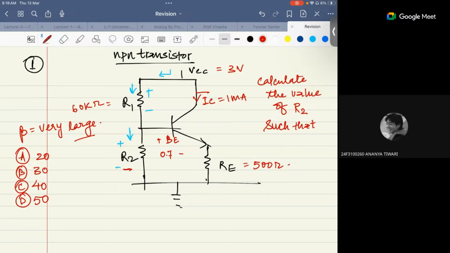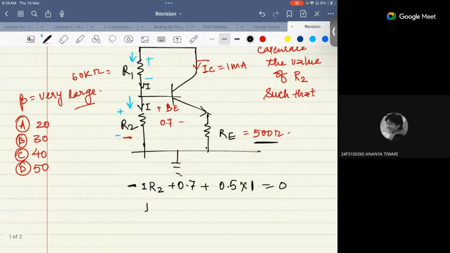Now in this loop, if you just apply the loop equation, what will it be? Minus I, I here also, minus I R2 plus 0.7 plus 0.5 times 1 equals 0. So it will be I R2 equals 1.2.